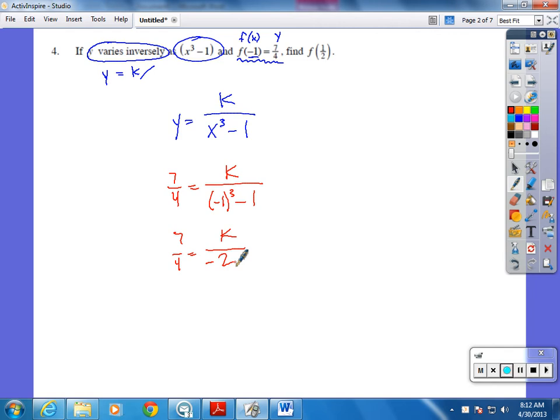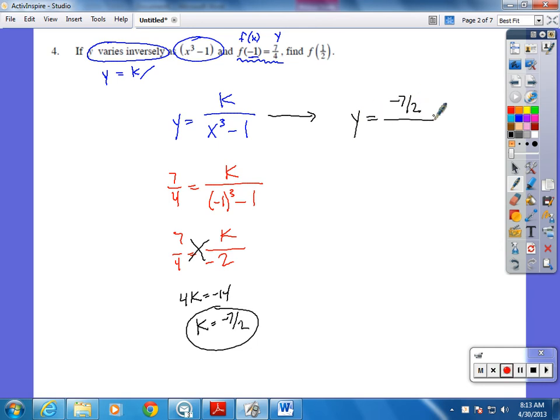This is called a proportion. Two ratios equal to one another. To solve a proportion, we cross multiply. So we get 4k equals negative 14, which means k is negative 7 halves. The reason we do that is so that we can take that value now and substitute it for k in our original equation.